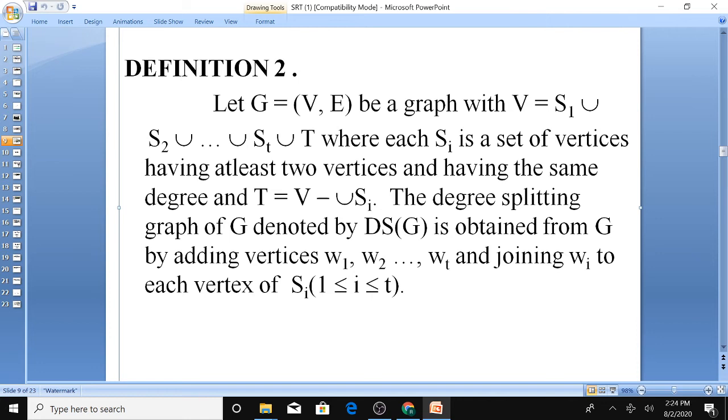And by T we mean the vertex set minus the union of Si. So the degree splitting graph of G, denoted by DS(G), is obtained from G by adding the vertices W1, W2, and so on Wt, and joining Wi to each vertex of Si.